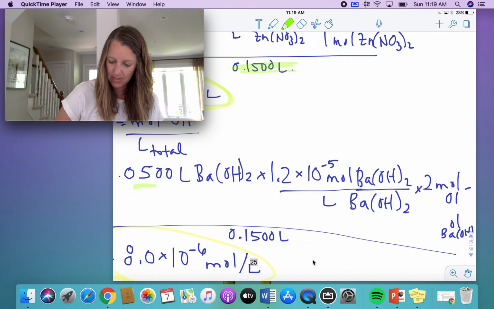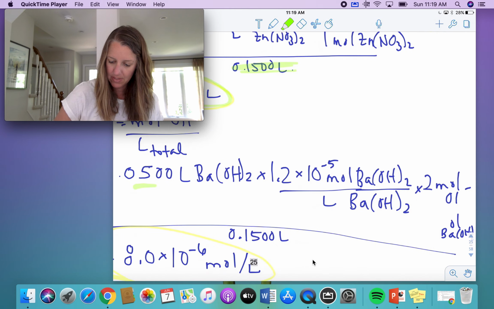Because we want to do some easy math. Here's our assumption: let's say that the X value that we get is a lot less than the 0.5 that I'm adding it to. In other words, let's say that 0.50 plus X is approximately equal to just 0.50.